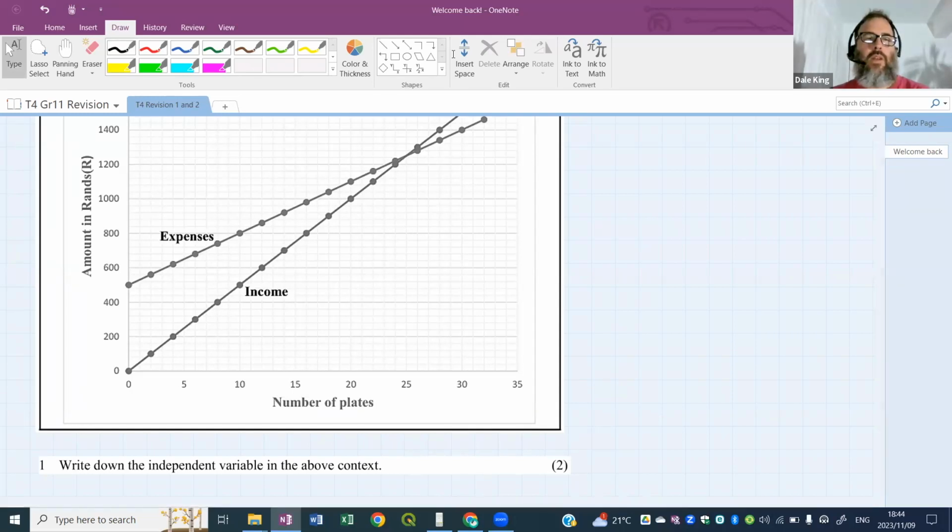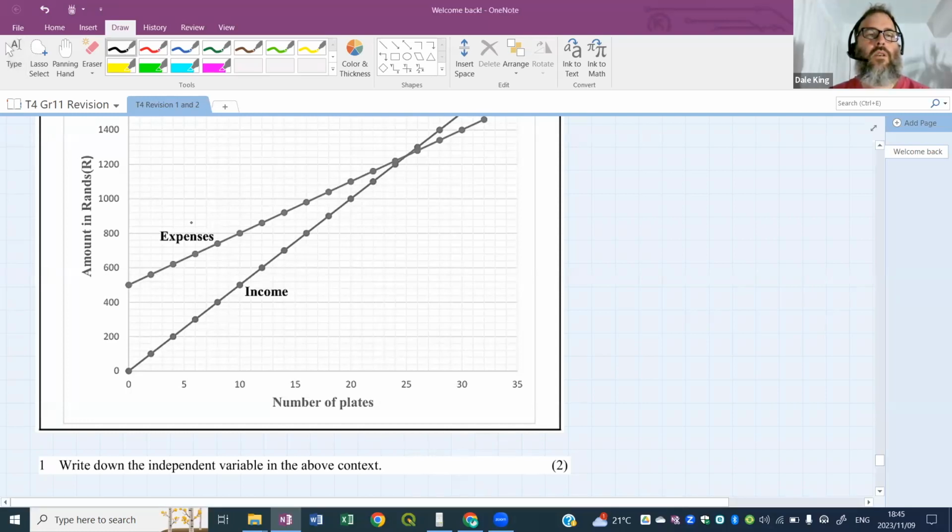Anybody out there that can explain which one is the independent variable in this scenario? Anybody out there? Oh, it's crickets.